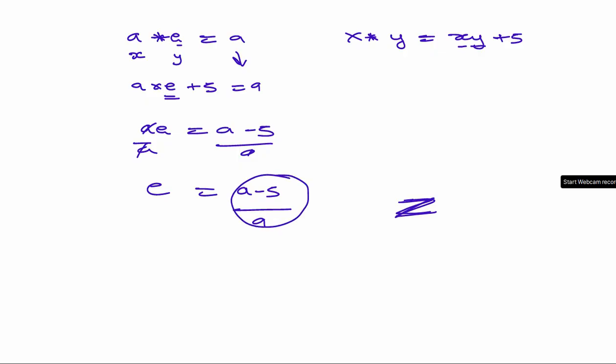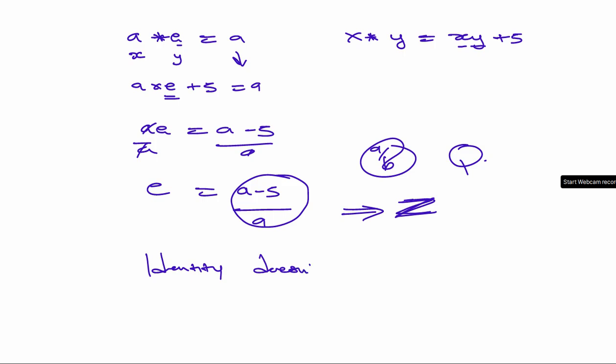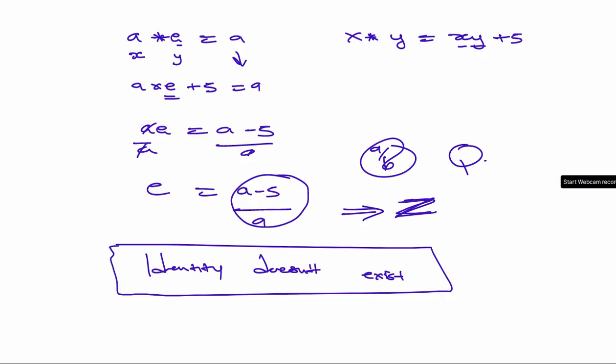Integers are not expressed in the form of A over B. This can be a rational number. It's not an integer. So since this identity lies in another set instead of giving us an integer, we're going to say that an identity doesn't exist.